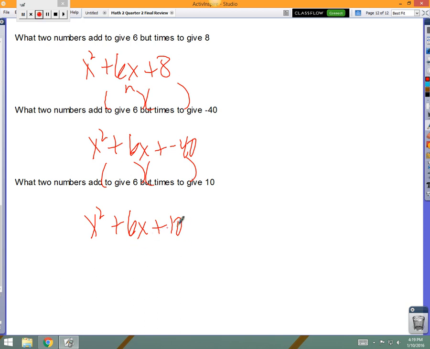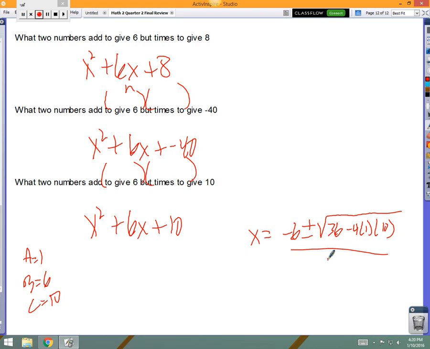So you can use the quadratic formula and solve it. If you use the quadratic formula, you identify a is 1, b is 6, c is 10. So it's x equals negative b plus or minus the square root of b squared, 36, minus 4 times 1 times 10, all over 2 times a. So you can make up your own combination, what two numbers add to give you 6 and times to give you 13.